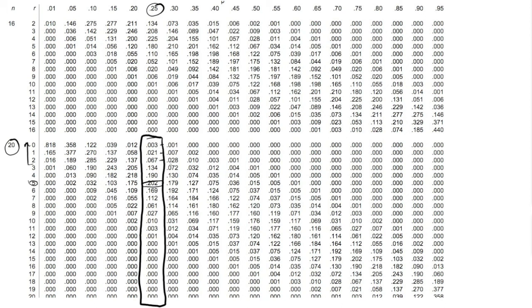And I would add those up and I would have my answer. If I wanted 3 or more, well, then I'd be adding up everything from here down, even though the last few are 0. Okay. All right, so that's how the binomial tables work, and you can find the tables in our textbook.